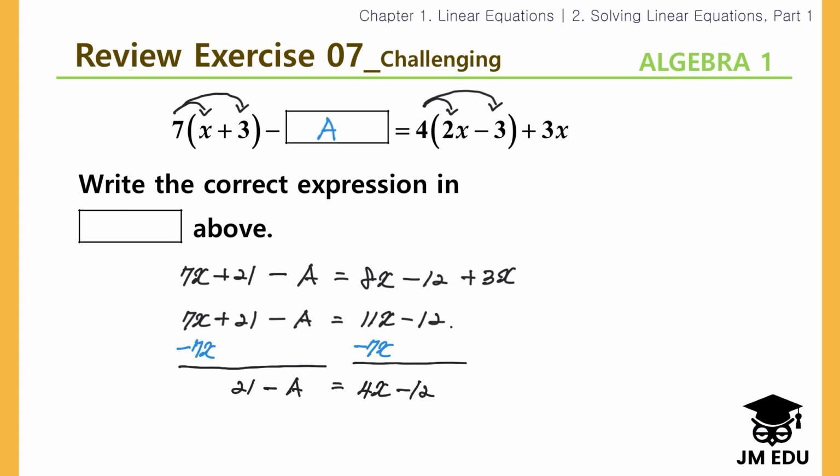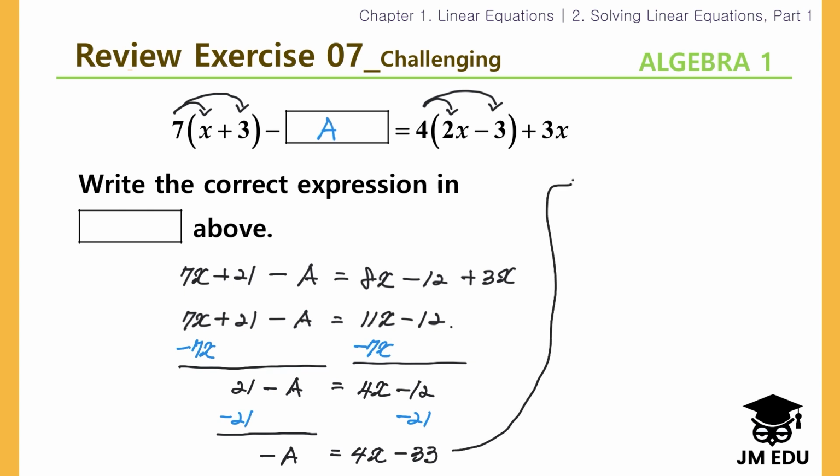Okay, I'm going to eliminate 21 on the left-hand side by subtracting 21 each side. Okay, so that's going to be minus a, or negative a, is equal to, we have 4x minus 33, right? So let me rewrite this expression.